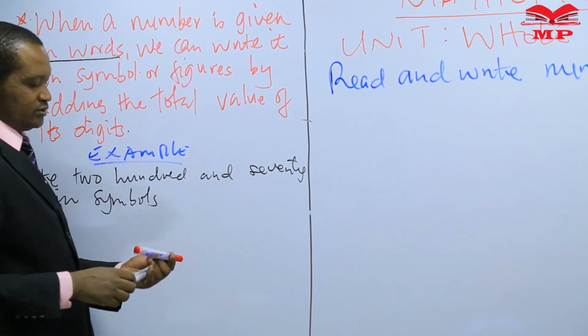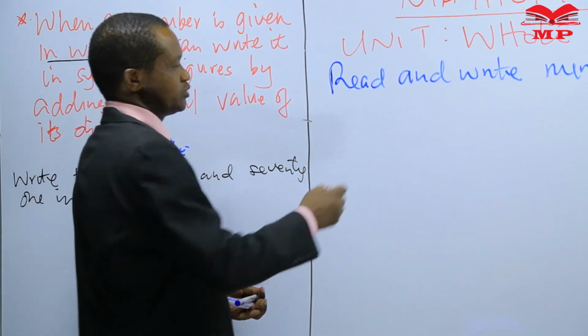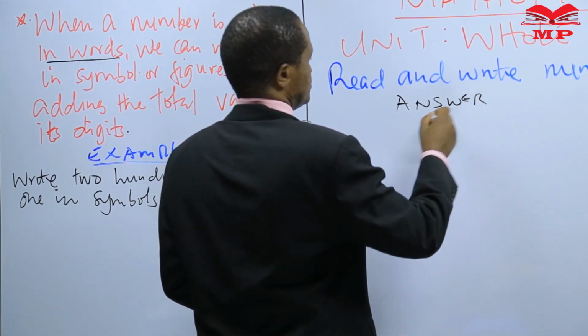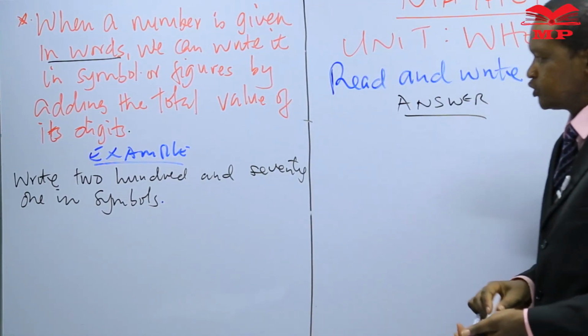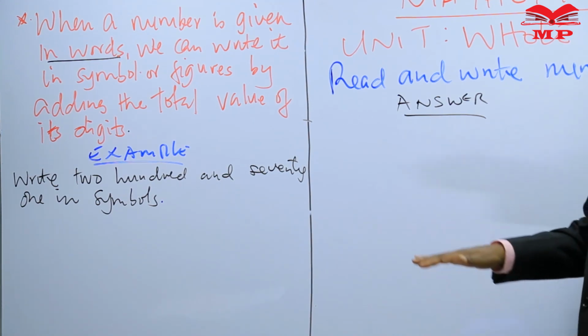How do you do it? Very important point here. Let us answer this question. Write 271 in symbols or in figures. We do that by adding the total value of the digits.